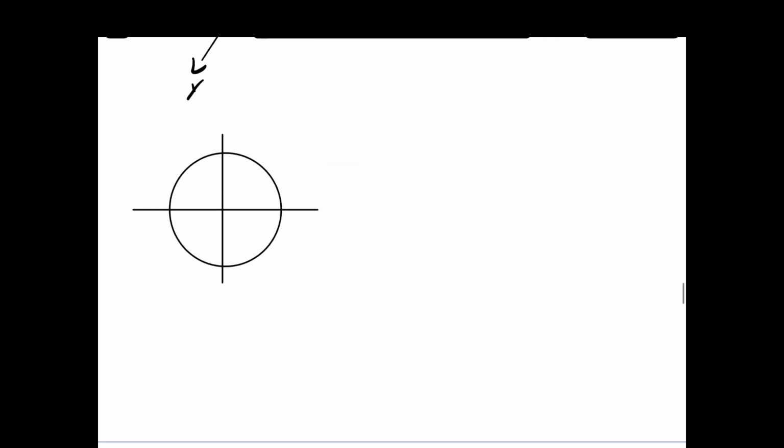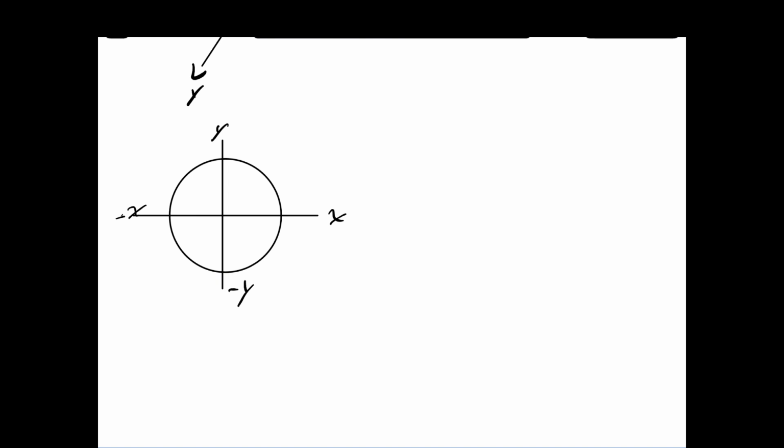Okay. So then he goes on to say, if we look at this top down, we have our x, our negative x, our y, and our negative y, okay?